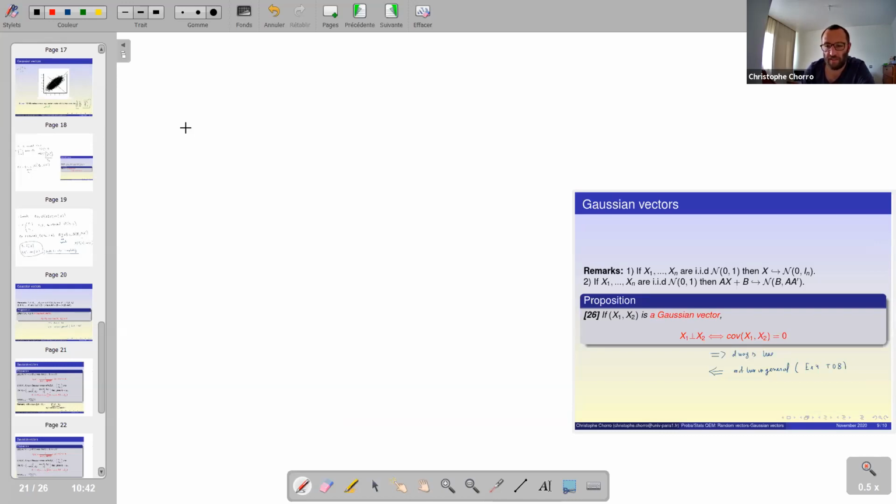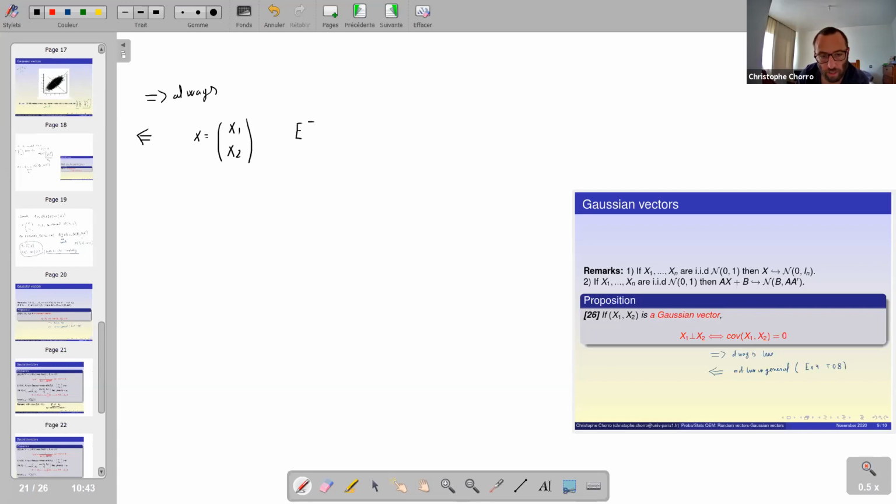As I have said, this implication is always true, so I am interested in this one: if the covariance is 0, then I am independent. So let's write this Gaussian vector here, and we are going to introduce some notation.